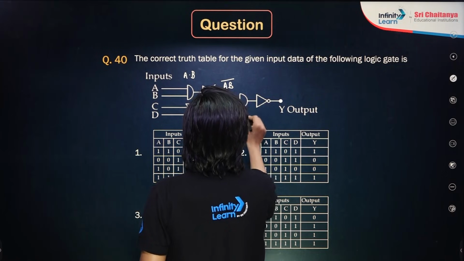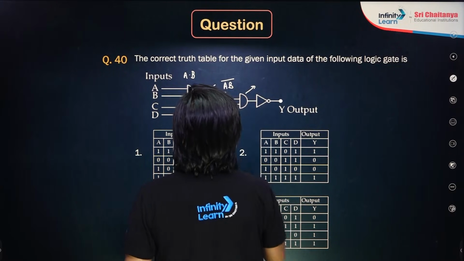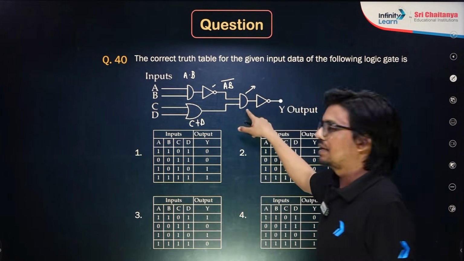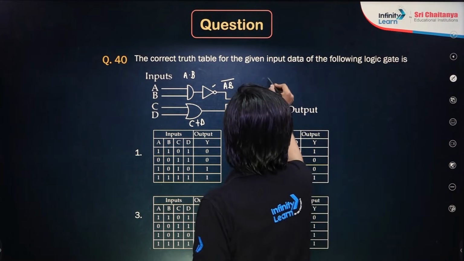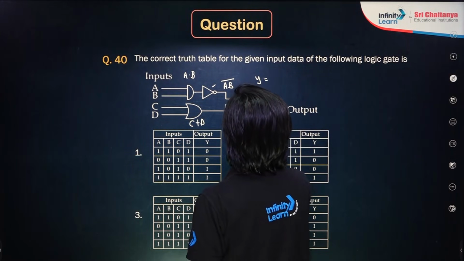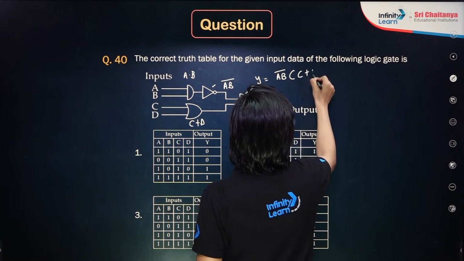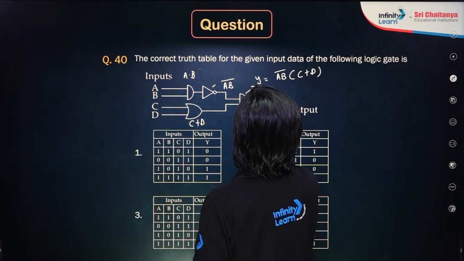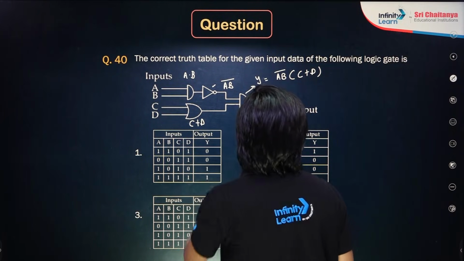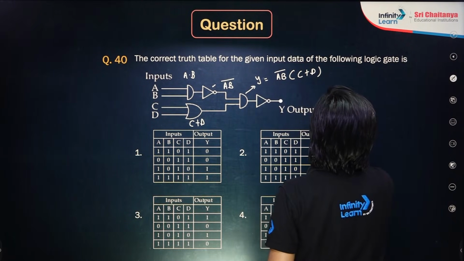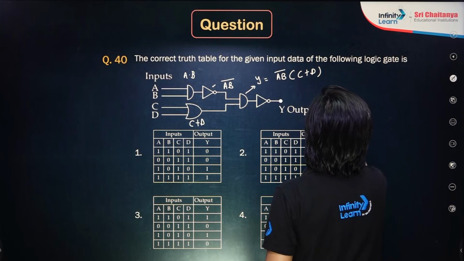Here, from the second AND gate, the output is equal to the product of (AB bar) and (C plus D). If you have a NOT, the final output is actually Y bar.